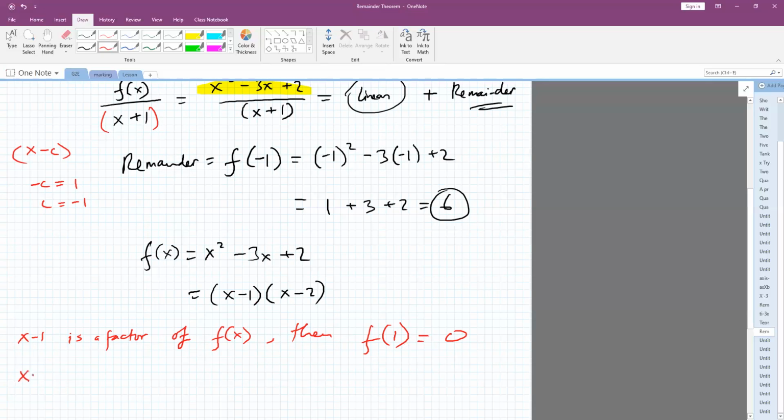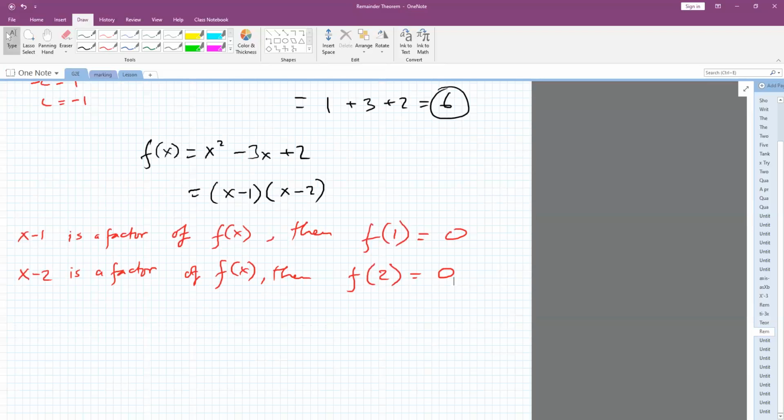And also when x minus 2 is a factor of that f(x), the same thing happens where the value of the function f(2) is also 0.